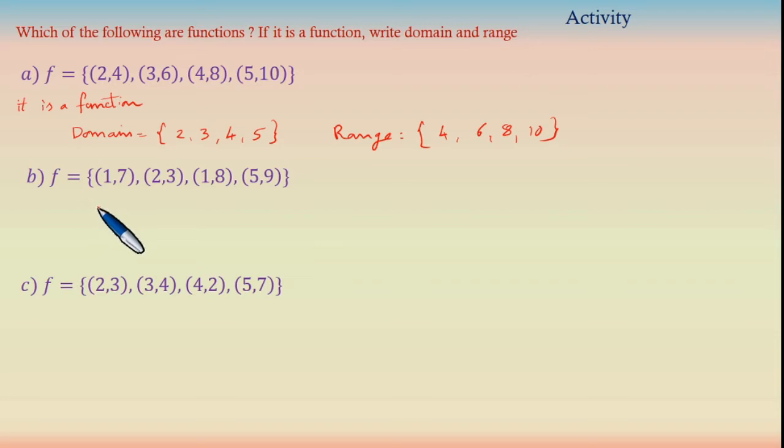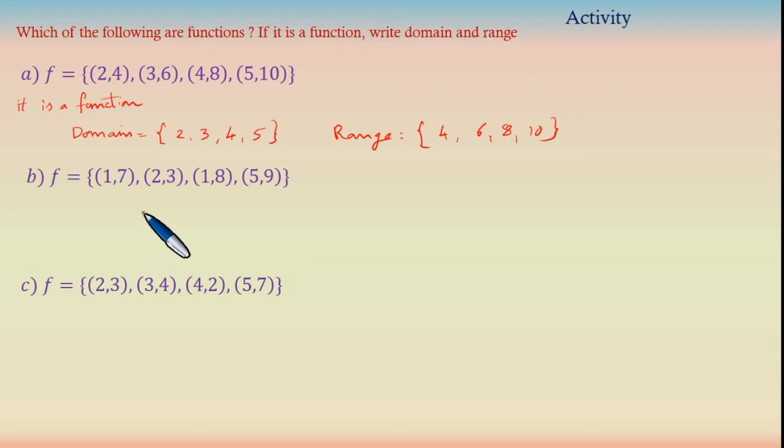Now for B, is it a function or not a function? First check that one. Here 1, 2, again 1, then 5. So is it a function? Yes, you are right, this is not a function, because the first component, that is 1 and 1, is getting repeated here.